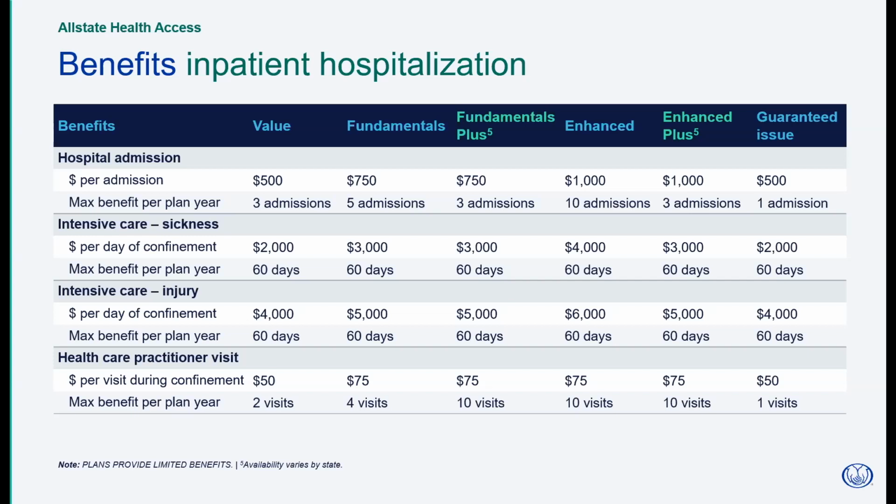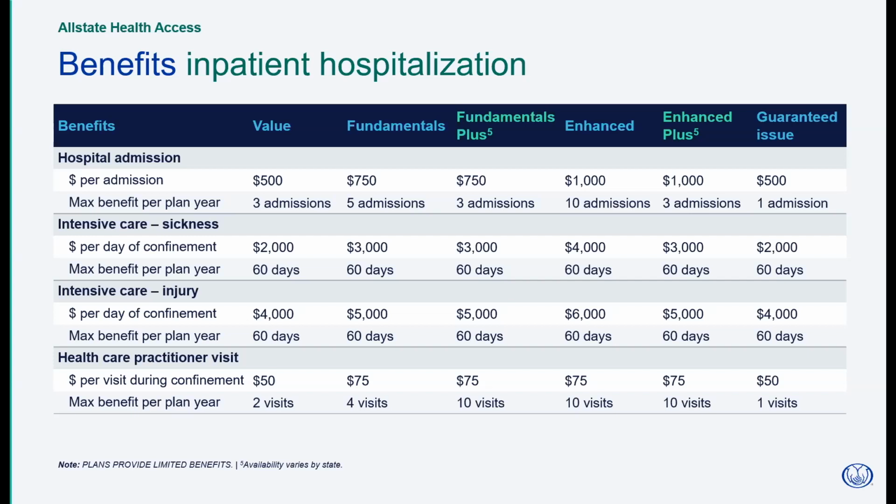Okay, so with the facility, you have intensive care facilities and non-intensive care facilities. With the intensive care facilities, the benefit amounts are different than with the non-intensive care, and that will make sense when I get to the next page. So just give me a second and you'll be able to see that.